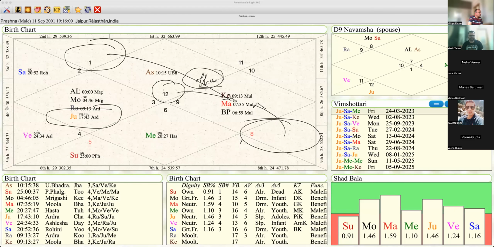Thunderstorm, Tufan. It is the root planet. ऑफिस की रूट ही खत्म हो जाएगी. 10th house. This is happening in the 10th house. The destruction is happening in the 10th house. And Atma is in conflict.